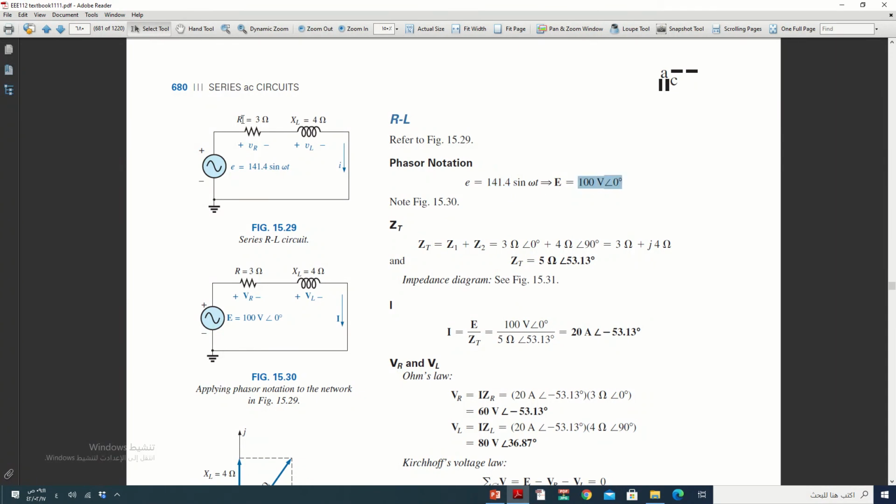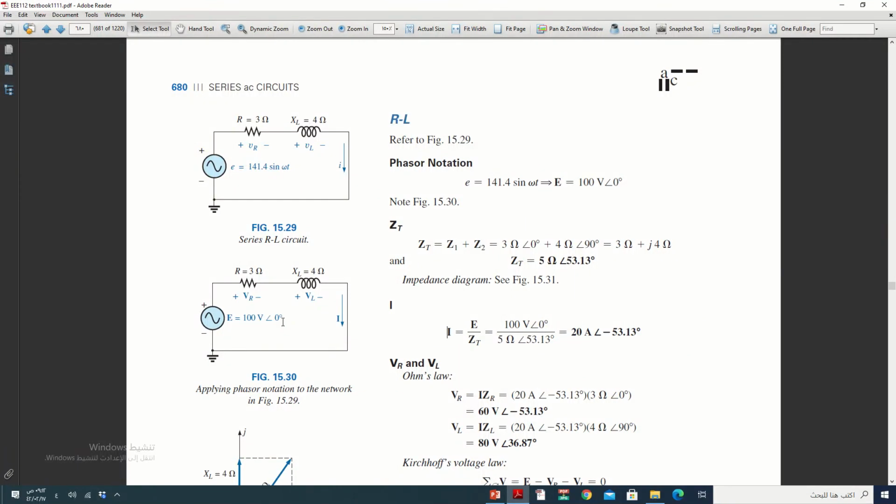To find the impedance, we will add ZR plus ZL, which is 3 with angle 0 because it's a resistor, 4 with angle 90 because it's an inductor. The final answer will be 5 with angle 53. Now we have Z total and we have voltage. If we divide voltage by Z total, we will get the current. 100 divided by 5, 0 minus 53, will be 20 with angle minus 53.13.